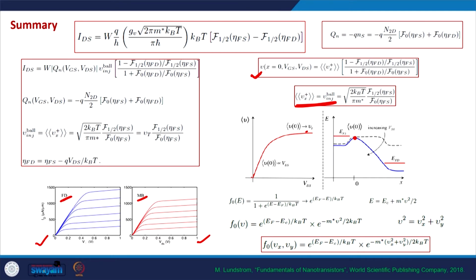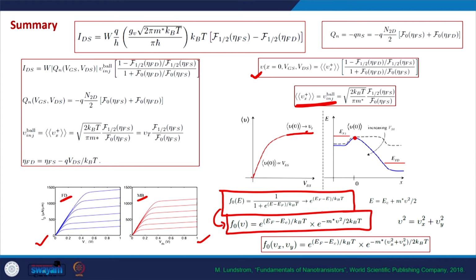Then in order to understand the velocity saturation in MOSFETs, we used the Fermi-Dirac distribution function, and here we could convert this function to the velocity distribution function, or the Maxwellian velocity distribution function, for the non-degenerate semiconductor case.